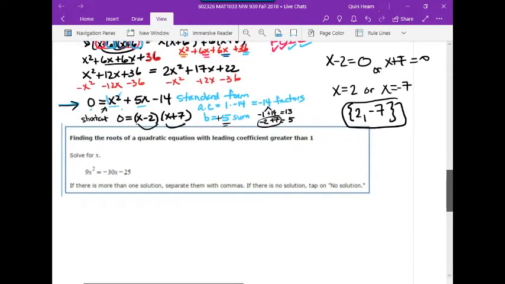All right. So we saw in the previous problem the basic idea or steps for solving a quadratic equation is number 1, we're going to get it in standard form. Getting in standard form just means getting 0 on one side.